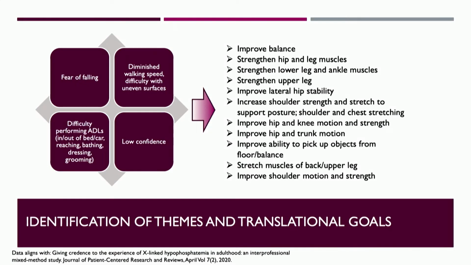So some of the themes that we captured in creating the program was a significant fear of falling. And we know from the literature now that fear of falling is actually a fall risk. So anything that we could do to build the confidence in individuals so that fear of falling would be an improvement in their quality of life and ability to go out and socialize more.